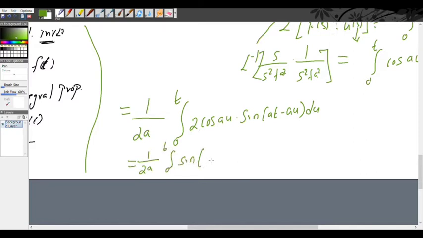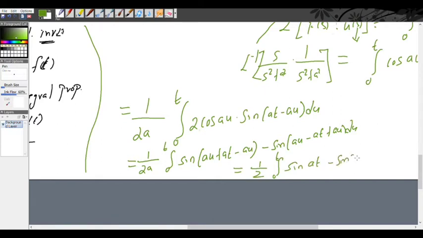I am just applying the formula. You can do it on your own. Sine au plus at minus au, minus sine au minus at plus au into du. Again, this one can be written as sin at minus sin of 2au minus at.